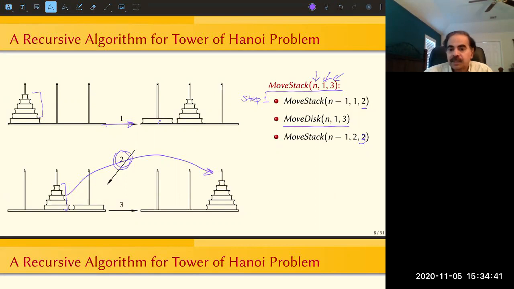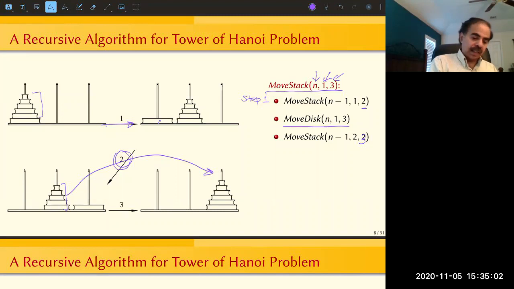And you can see it's a pretty simple algorithm because we looked at it recursively. We are able to come up with such a small description of how you go about doing it.